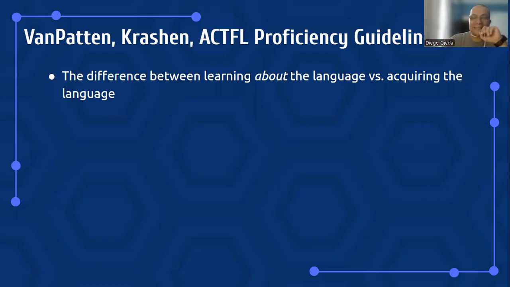So, Ben Slavic wrote a book for Teachers' Discovery. This book is called The Big Book of CI. And in that book, he shows us how to work for proficiency and acquisition instead of working for, you know, learning about the language.